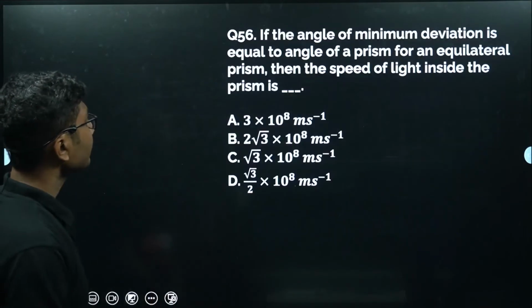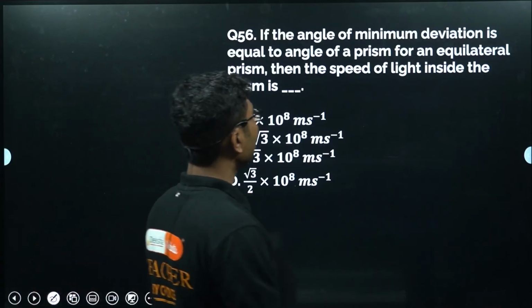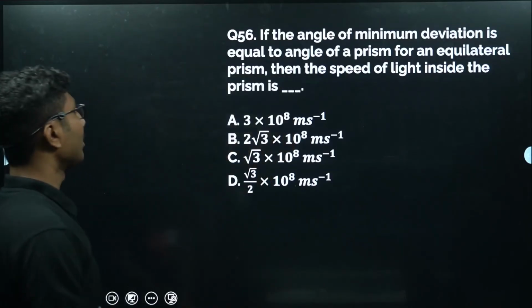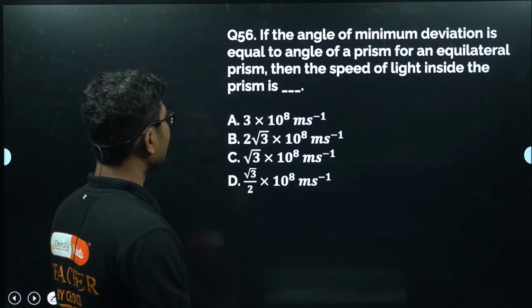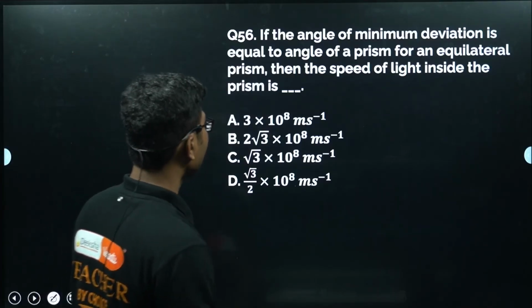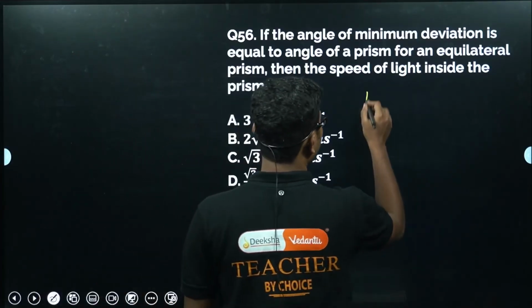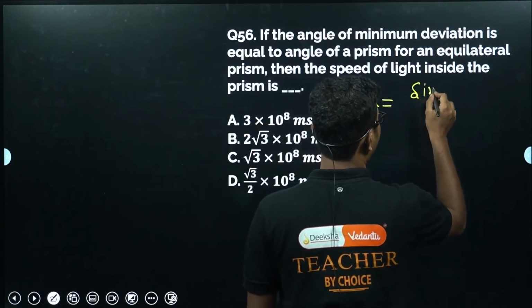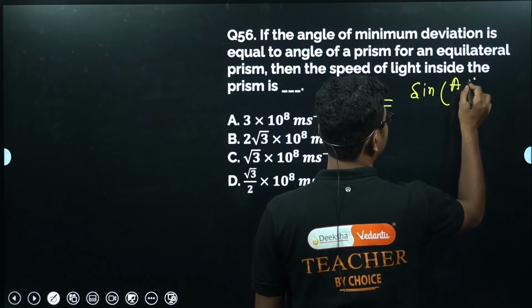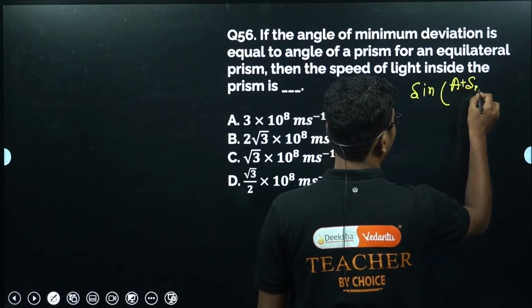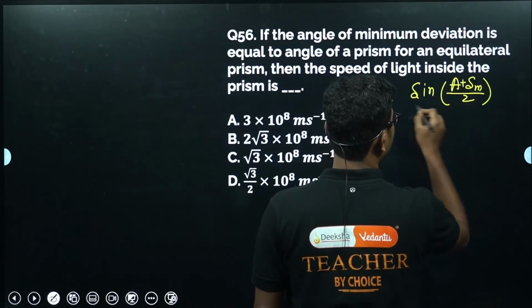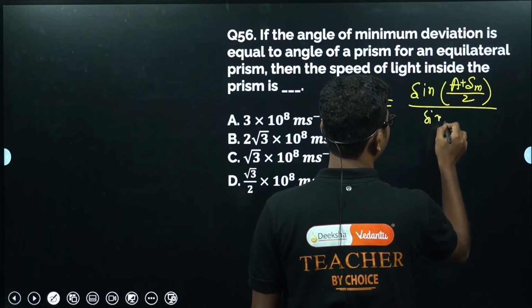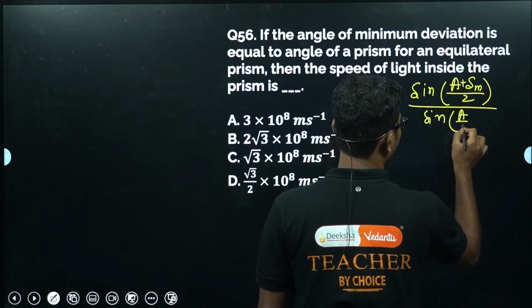Okay. If the angle of minimum deviation equals the angle of prism for an equilateral prism, then the speed of light in the medium in the prism is. So we know that mu is sine of (A plus angle of deviation) by 2, divided by sine of A by 2, right.